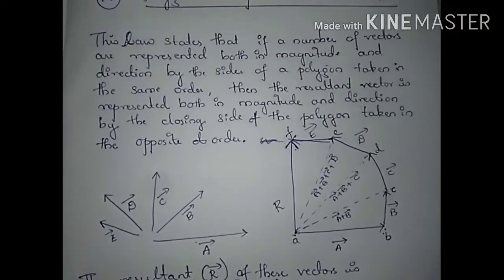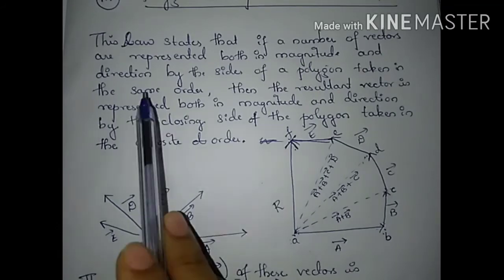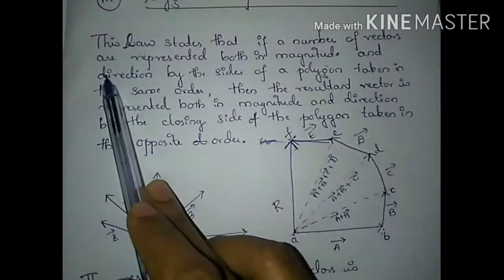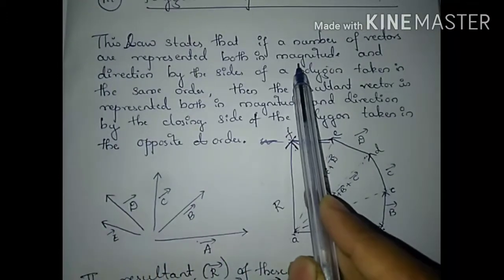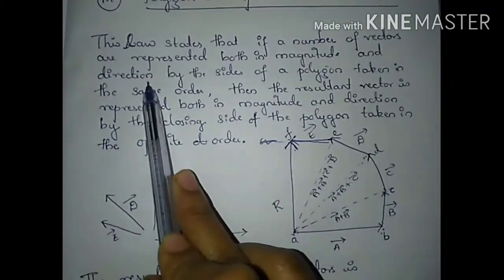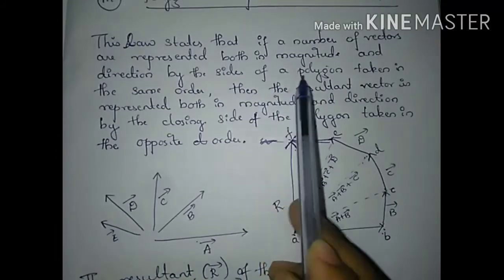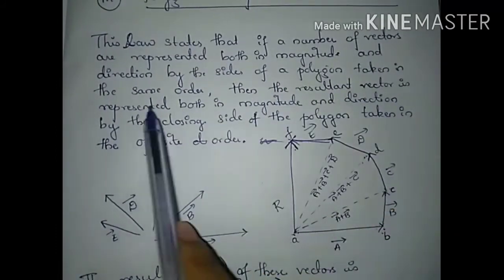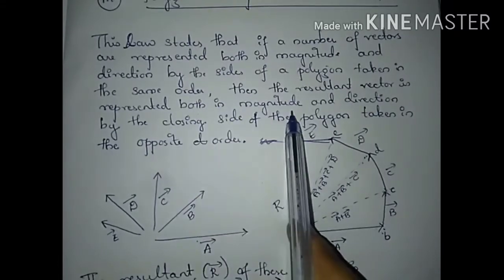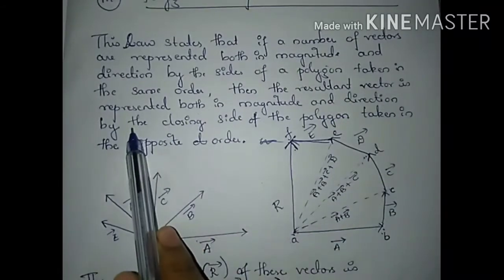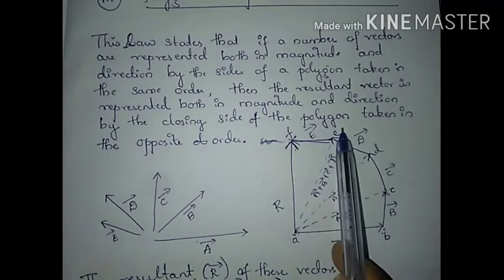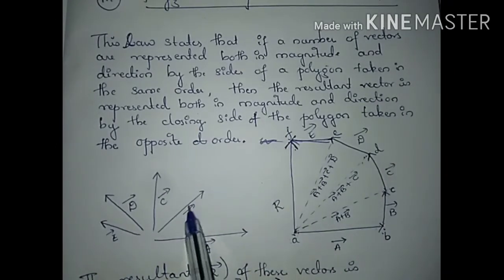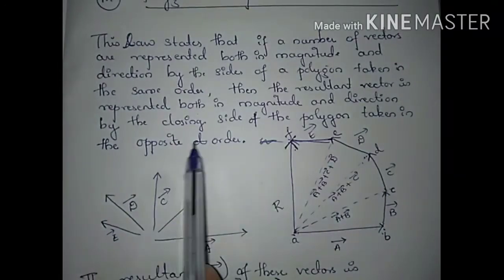This law states that if a number of vectors are represented both in magnitude and direction by the sides of a polygon taken in the same order, then the resultant vector is represented in magnitude and direction by the closing side of the polygon. This is the closing side of a polygon, which is taken in the opposite order.